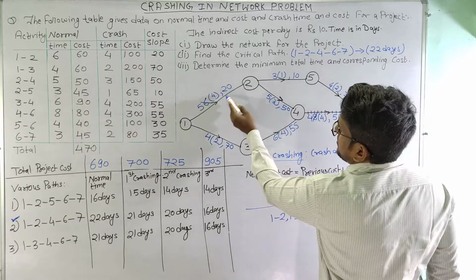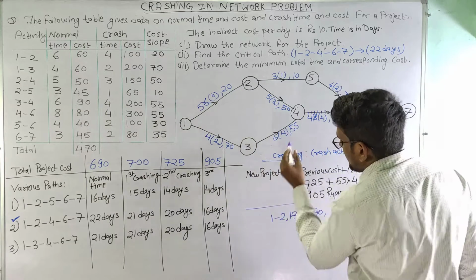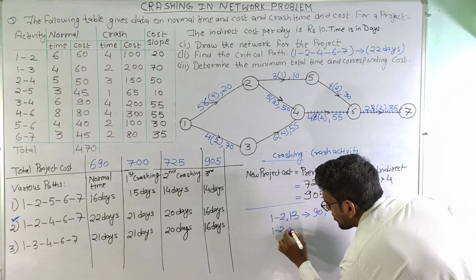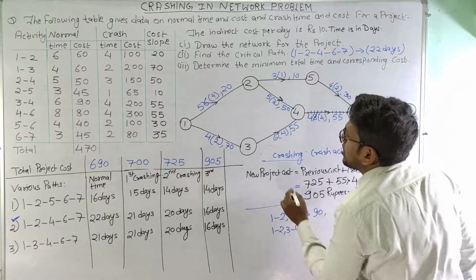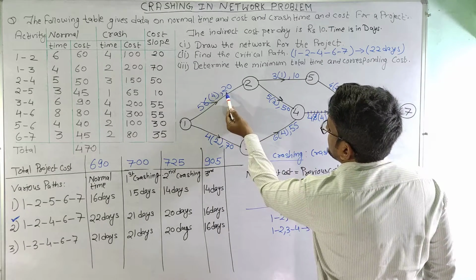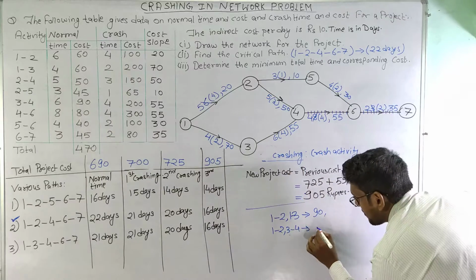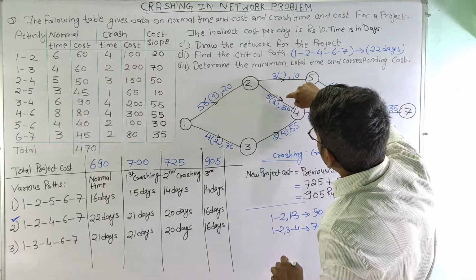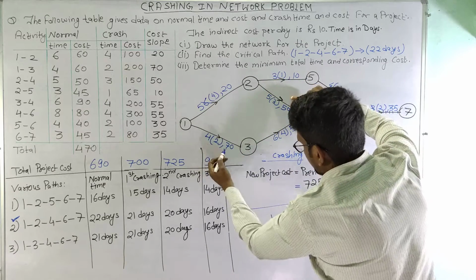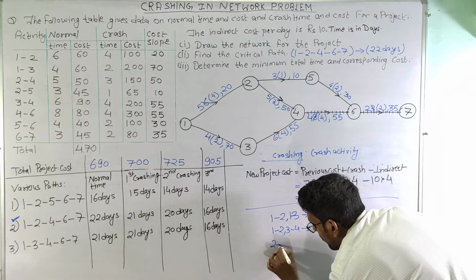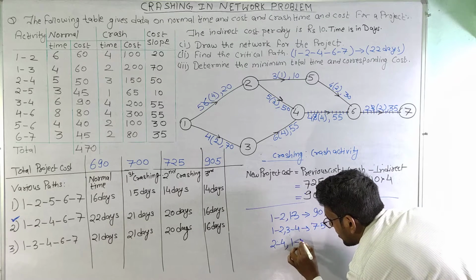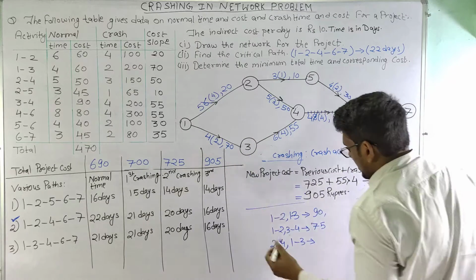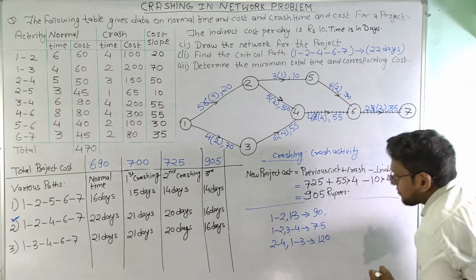Now if I crash activity 1-2 with 3-4, then the total crash cost is 20 plus 55, that is 75. Similarly, I can crash activity 2-4 with activity 1-3, and the crash cost will be 50 plus 70, 120.